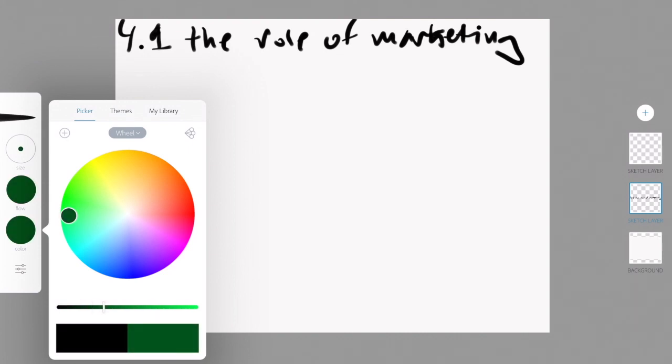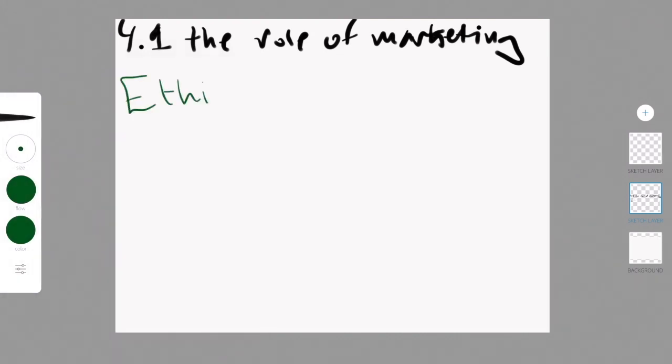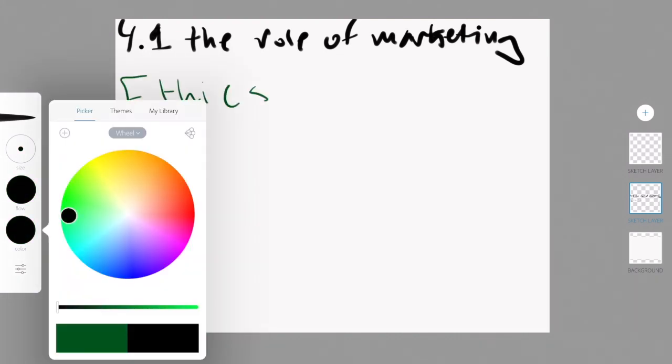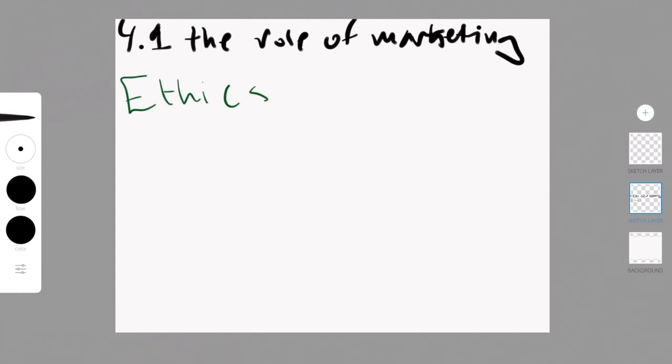So, ethical considerations. Here, it's mostly that you have to think about all of the things that are changing. You can think about the STEEPLE to see all of the ethical considerations that you have to think about when marketing. You're supposed to market nowadays as environmentally friendly and no animal cruelty, and so on and so forth.